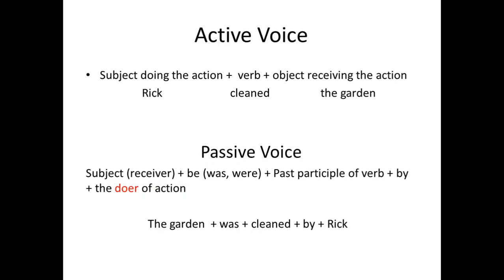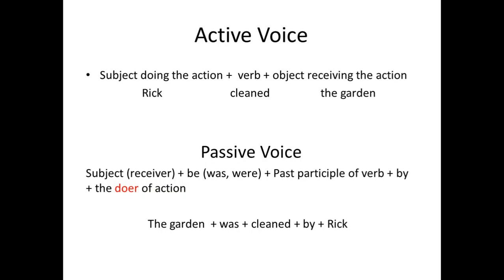Here, Rick is the name of a person, so we have the subject at the beginning of the sentence. And then we have a verb, the verb is cleaned. And then we have an object which is receiving the action which was done by the subject.